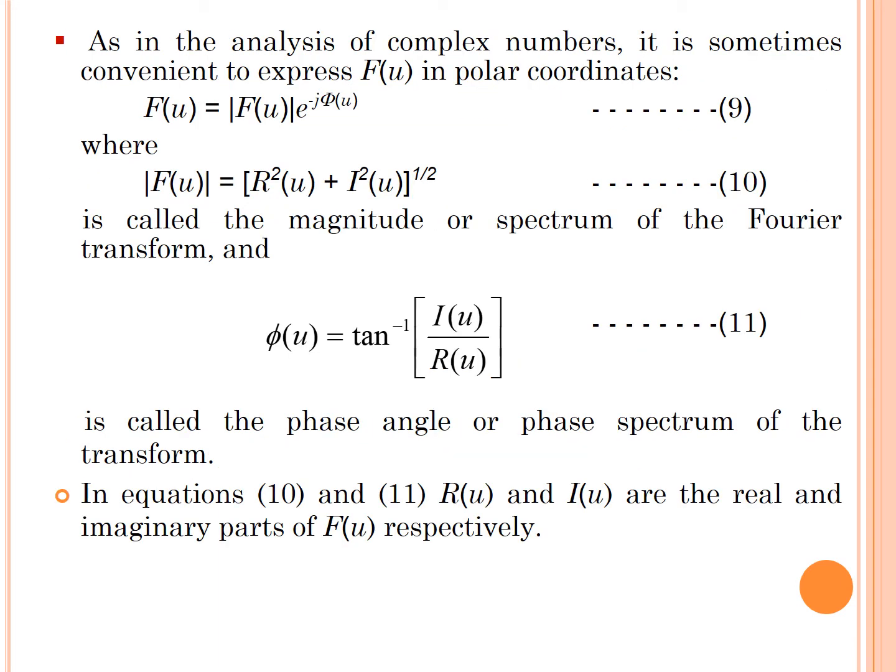As in the analysis of complex numbers, it is sometimes convenient to express F of u in polar coordinates. F of u is equal to absolute value of F of u into e raised to minus j phi of u, where absolute value of F of u is equal to (R squared u plus I squared u) raised to 1 by 2, called the magnitude or spectrum of the Fourier transform, and phi of u is equal to tan inverse of I of u upon R of u, called the phase angle or phase spectrum of the transform.